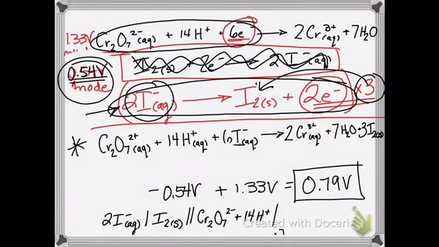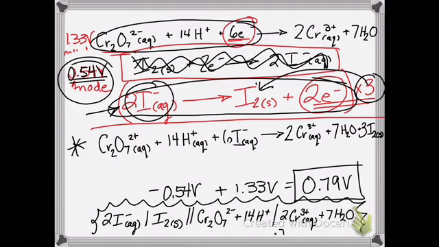And then on the right side, we're going to show the 2Cr3 plus aq plus the 7H2O. Whew. All right, so even though we changed that second half reaction and we had to multiply it by 3, when we show the cell notation, we don't show the multiply by 3. We just show the core cell reaction that's going on.